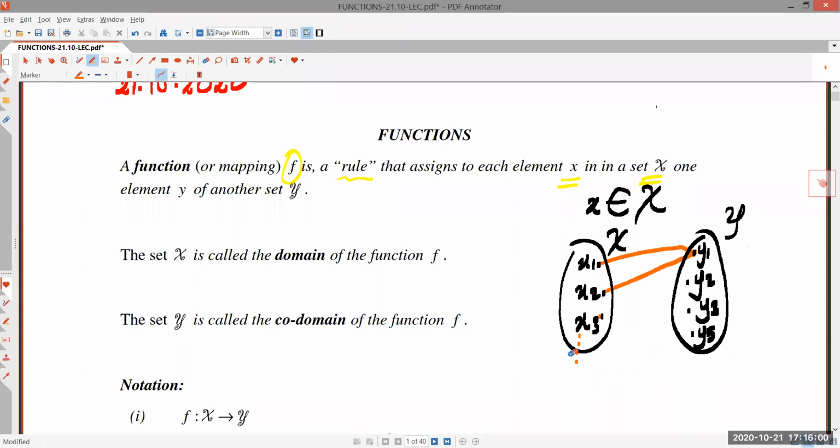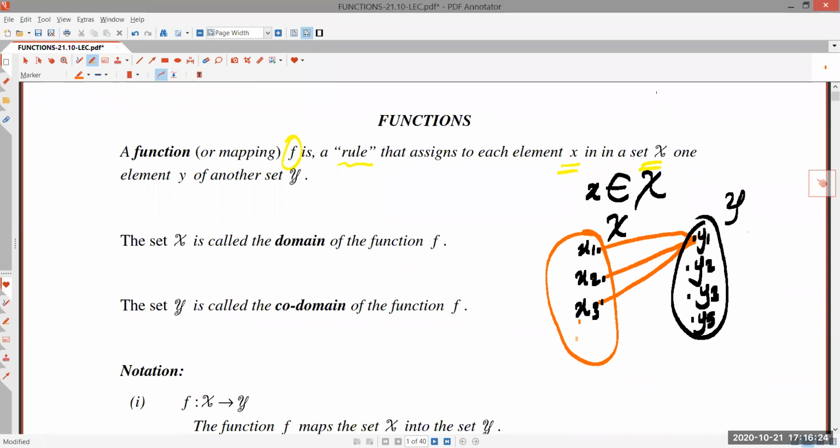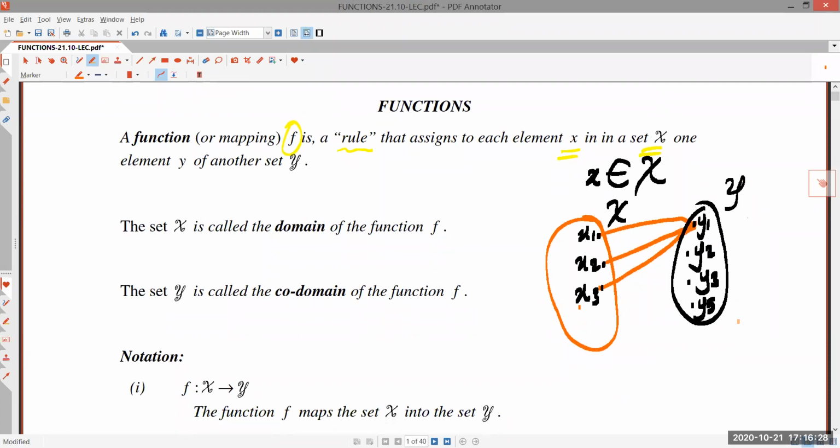So what about this one? Is this a function? Yes, it is. It is a function because there is no element of X which is not assigned into Y, right? This is a kind of rule. But of course, this function will have some properties, and we will look at more of the details.